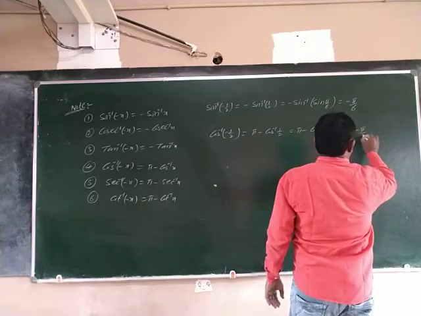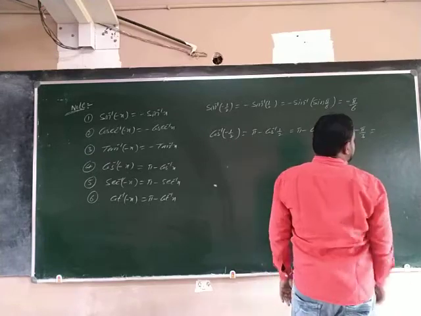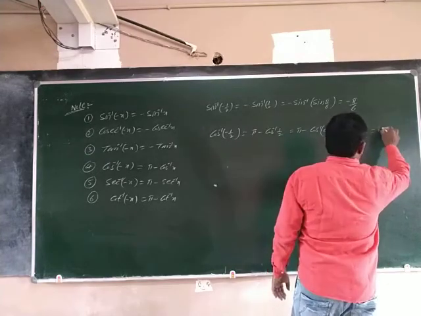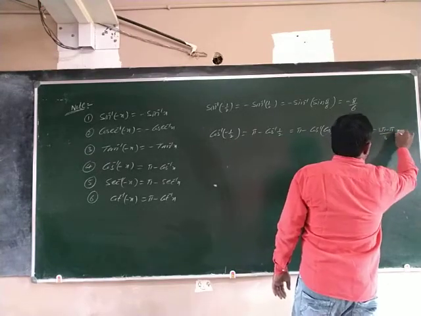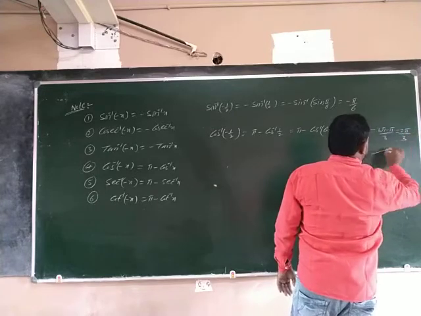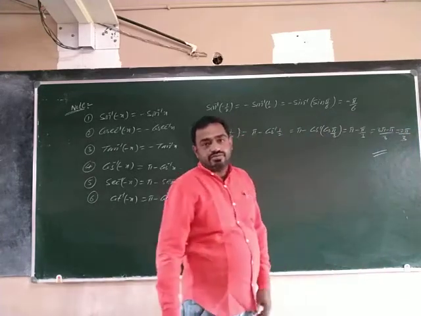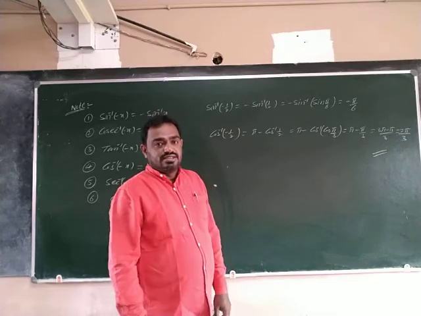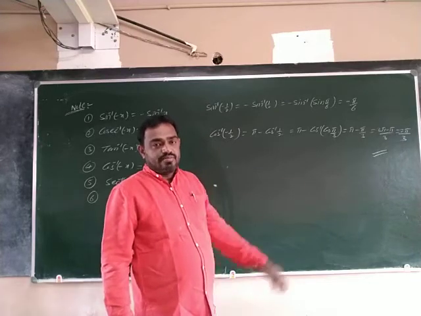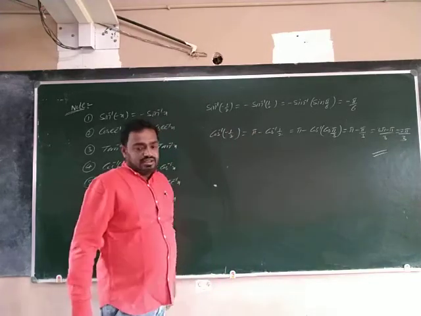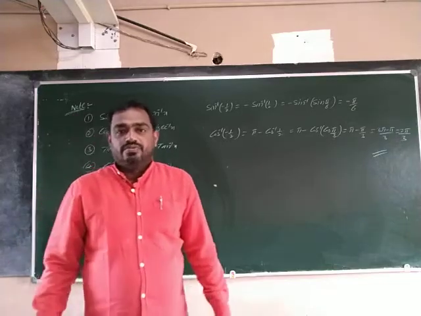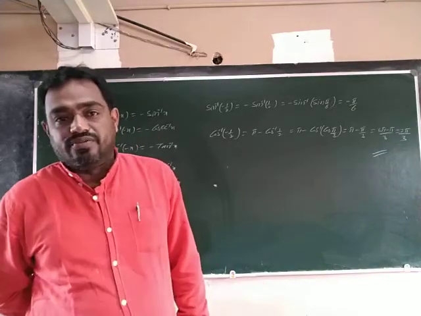So pi by 3. So pi minus pi by 3 equals 3 pi minus pi by 3, that is 2 pi by 3 is the answer. So like this we are solving. Okay, so these are the negative values of inverse trigonometric functions.